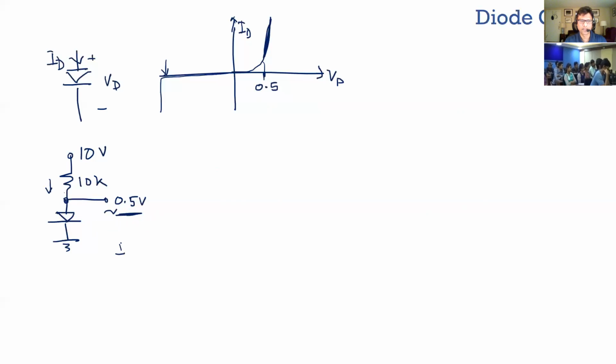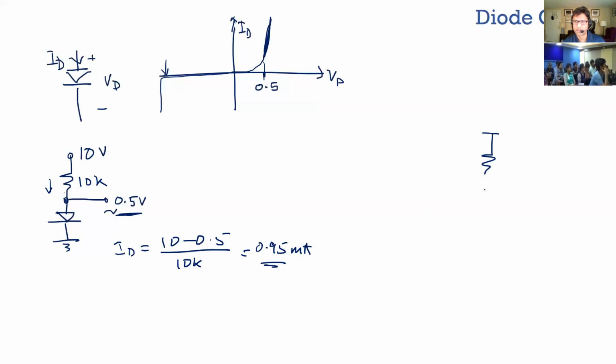Then you say ID is equal to 10 volt, 10 minus 0.5 over 10K. That's 0.95 milliamps. You can ask Dr. Prakash or other faculties for digital circuits. I think some of your GATE questions might have digital circuits based on diodes.